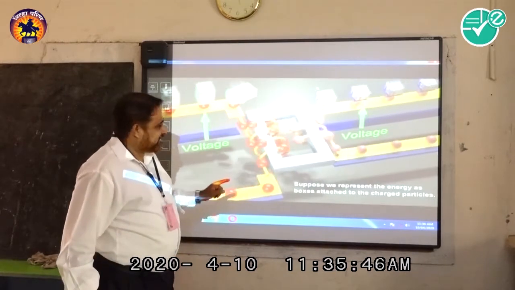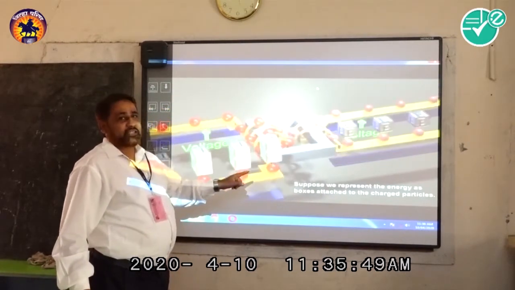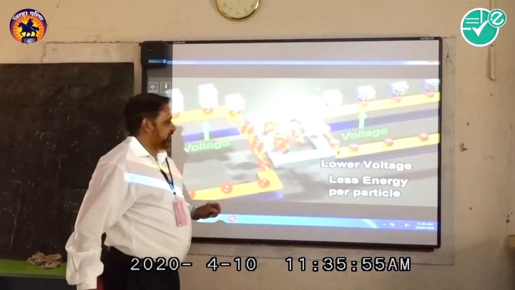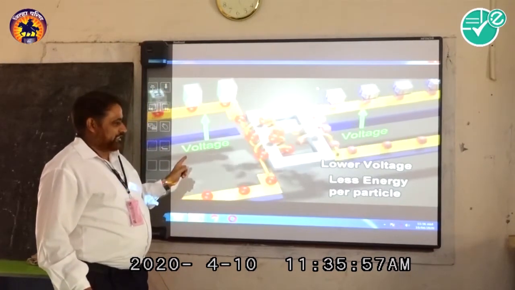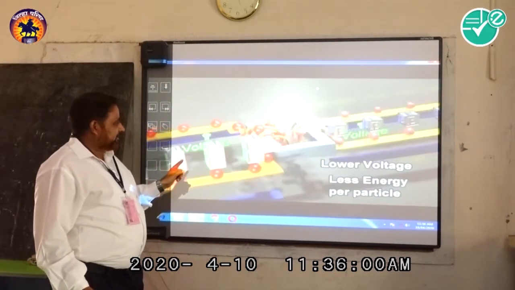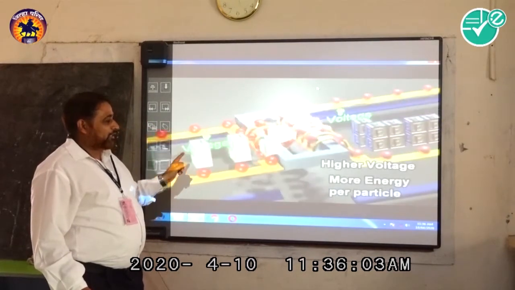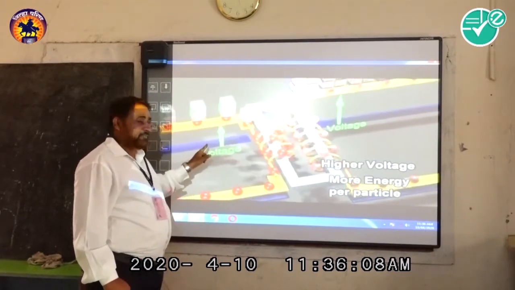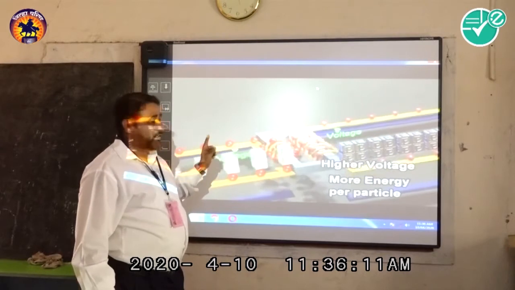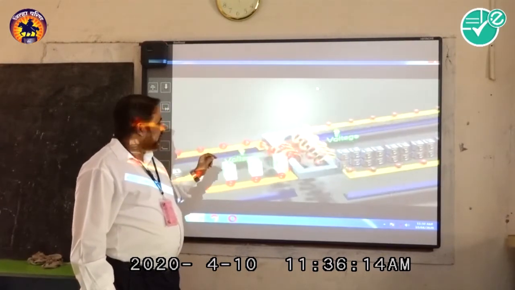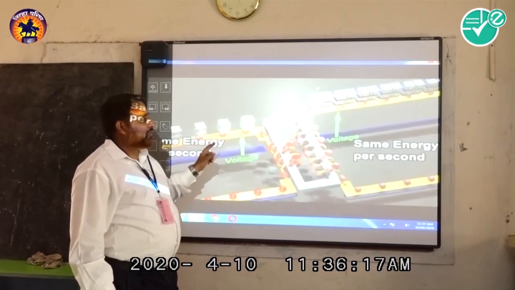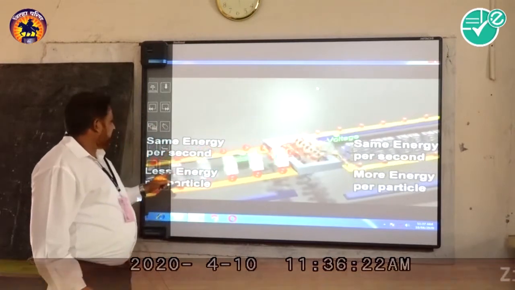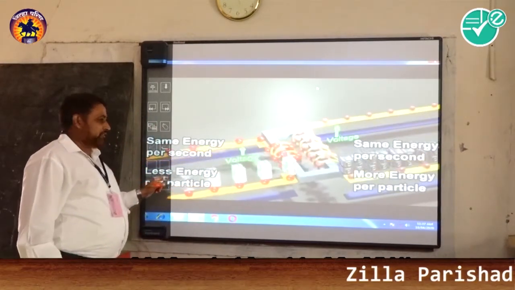Suppose we represent the energy as boxes attached to the charged particles. Here, these boxes are nothing but the energies. So lower voltage means less energy per particle, which can be shown here. Higher voltage means more energy per particle, which can be observed here. So this is how a transformer works. You get the same energy per second if the same energy per second is applied at the primary.